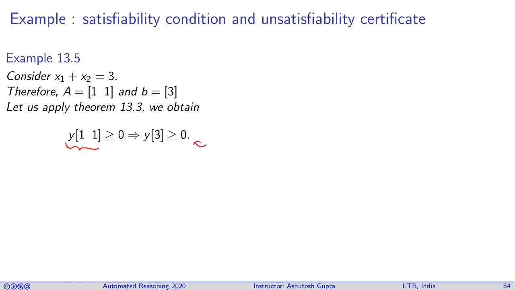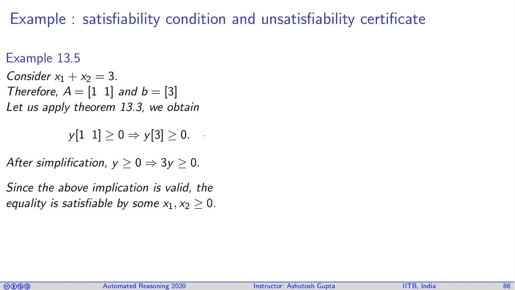You can easily check this thing holds all the time. So therefore there is a solution of x1 plus x2 equals 3 where both numbers are non-negative. You can easily see that that is true.